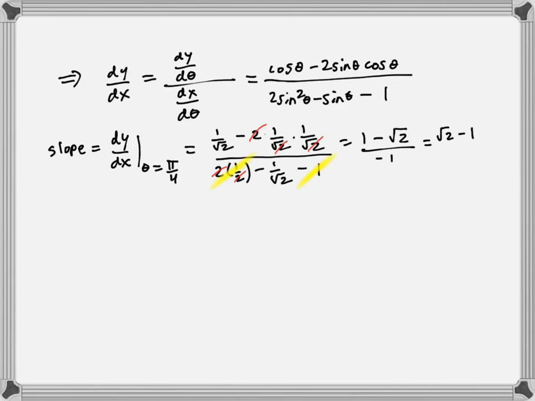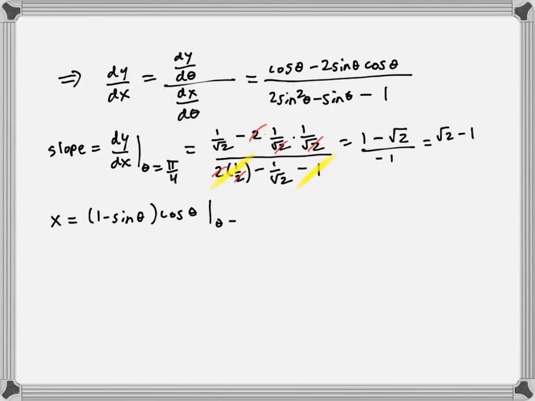Okay, now what about the actual tangent line? Well, we need to know what the point is at theta equals pi over 4. So remember, for our point, x is equal to r cos theta, right? So x is equal to r times cosine of theta.